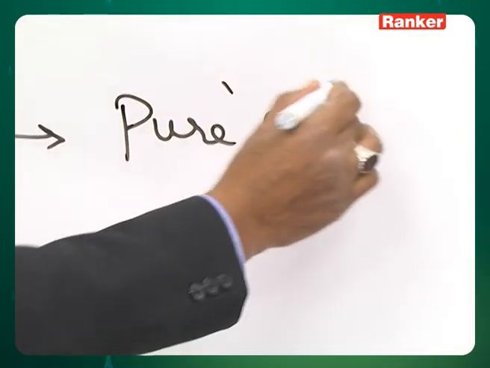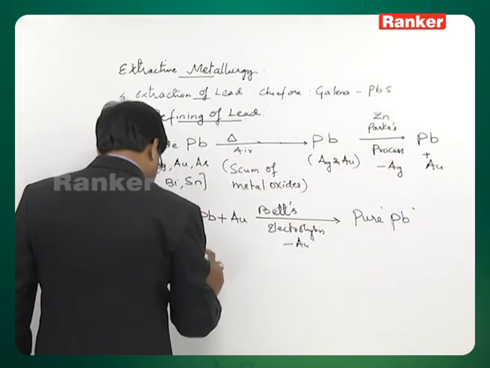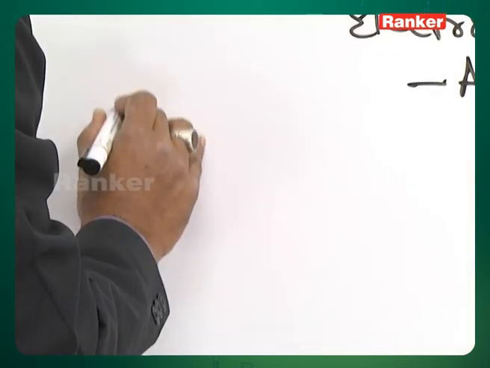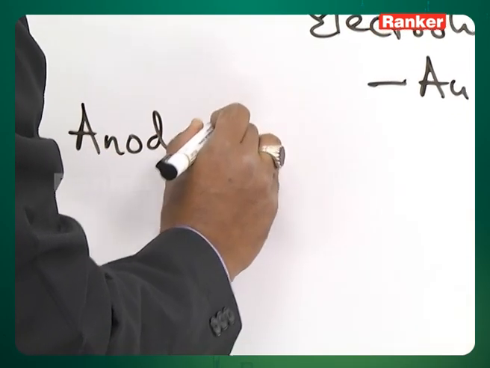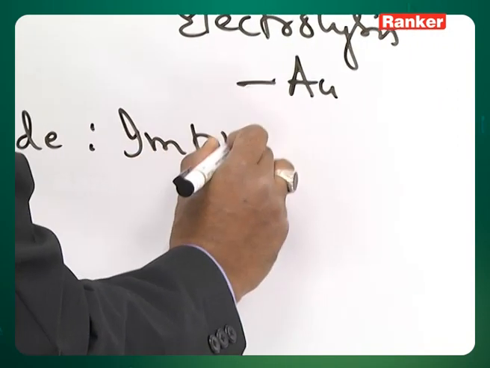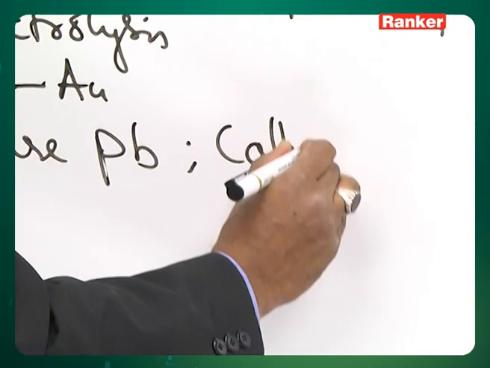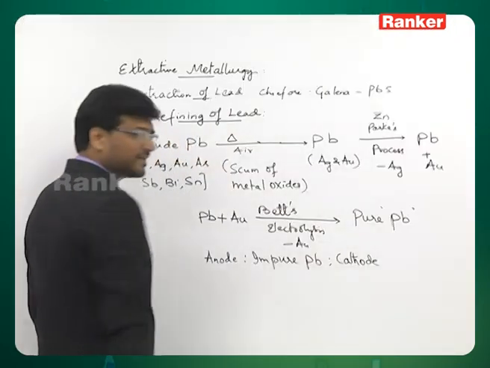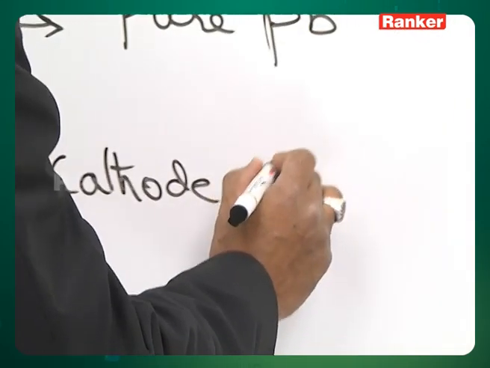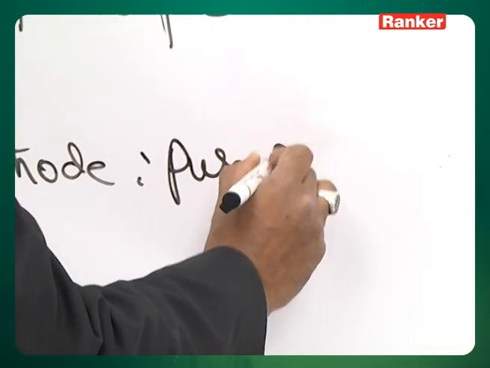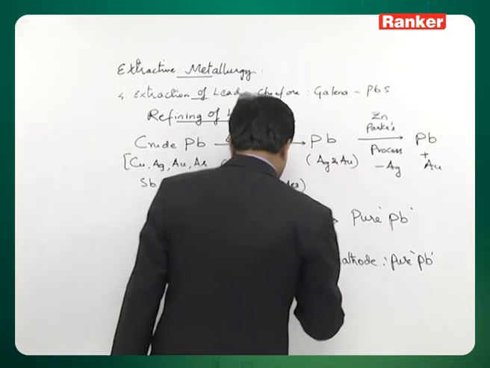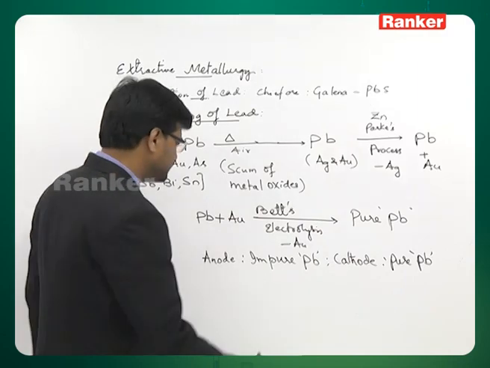Now here the anode is impure lead, and the cathode in the Betts electrolysis is pure lead.